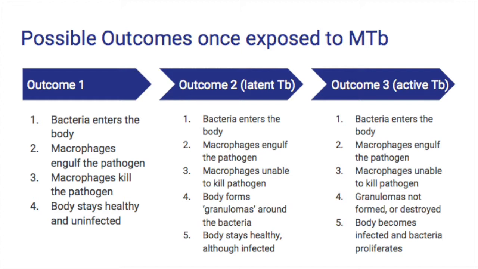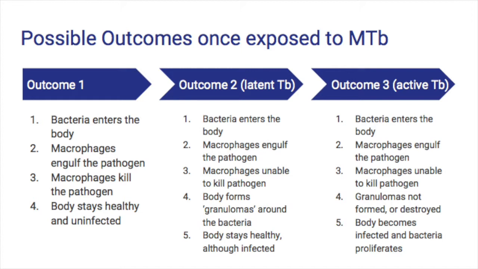The second outcome is actually that latent TB that I was talking about. Again, the bacteria will enter your body. They will move all the way to the alveoli at the ends of your lungs. The macrophages will engulf the pathogen, but it turns out in this form that macrophages aren't actually able to keep up and kill all the pathogen that enters and proliferates within your lungs.